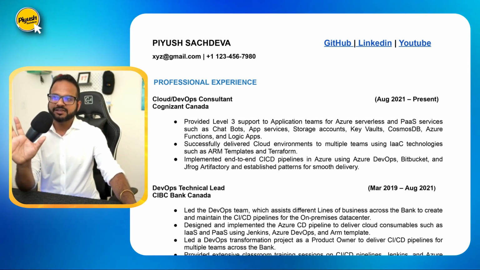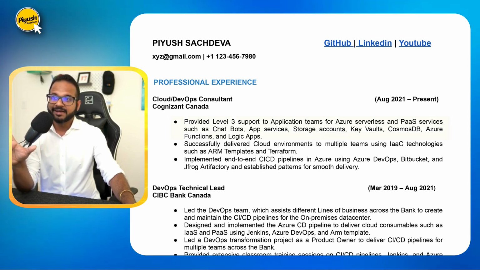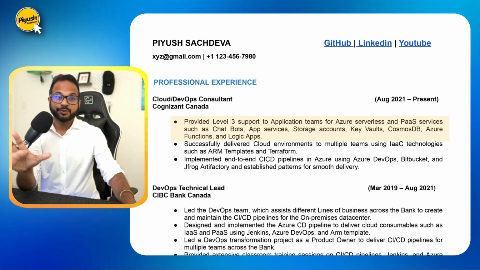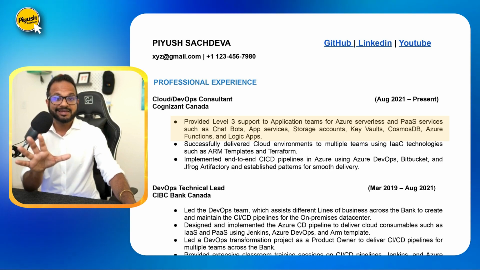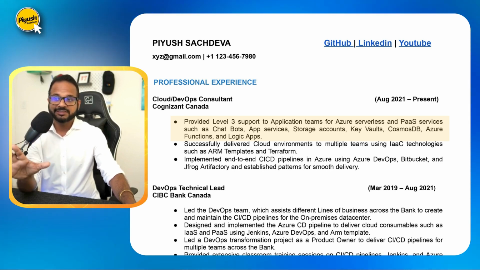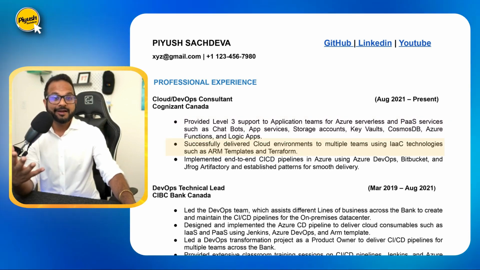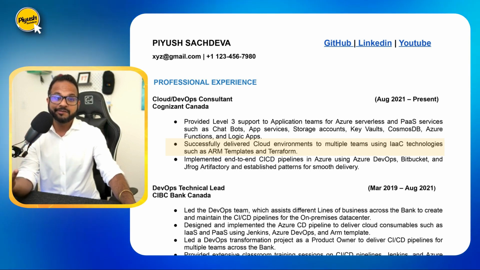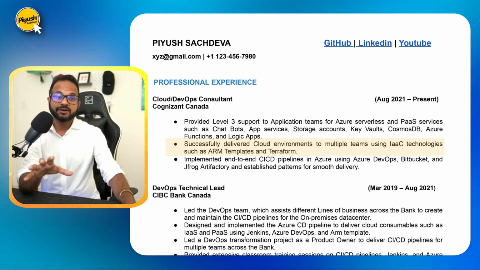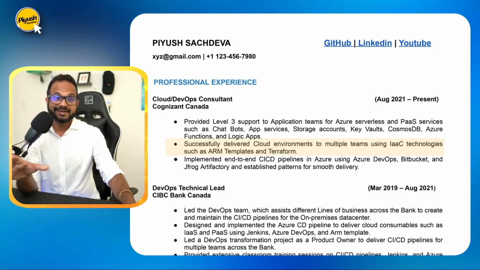If you see over here, the 3 main points that I wanted to highlight from this job experience are, first, provided support to cloud services, including serverless and PaaS services. I have mentioned the services as well. Then in the second point, I have mentioned that I have successfully delivered multiple environments using infrastructure as code technologies such as ARM templates and Terraform.